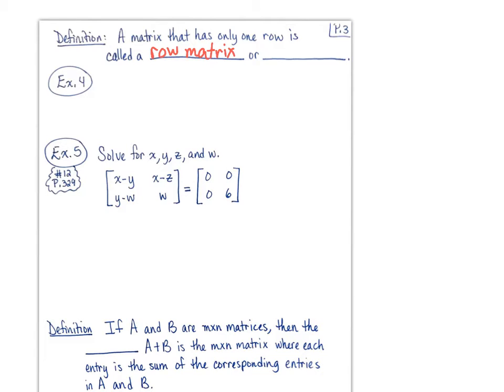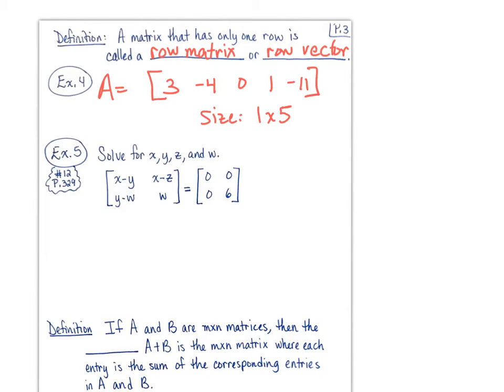For example, you could have this one with these entries. What's the size of this matrix? 1 by 5. Good. It has 1 row and 5 columns: 1, 2, 3, 4, 5.